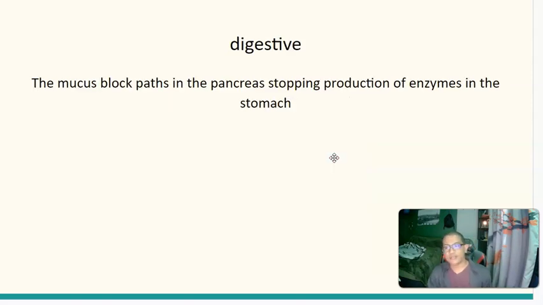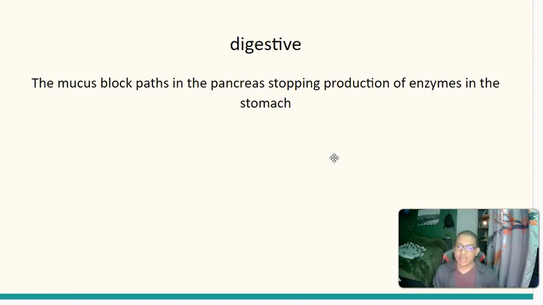The final system that's affected the most is the digestive system. A thick mucus associated with the disease builds up within the pancreas. Now, the pancreas's job is to create enzymes, fluids, and acids for the stomach. But because of this thick mucus, it slows down or stops the production of these enzymes.